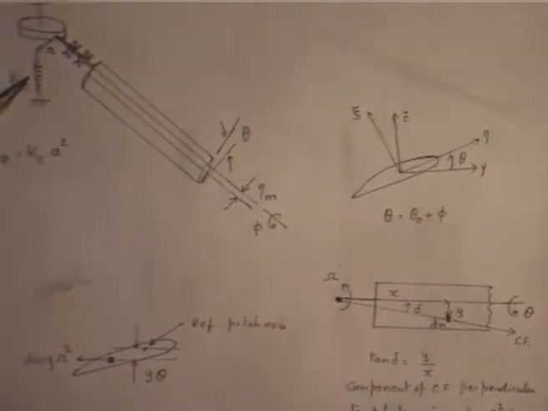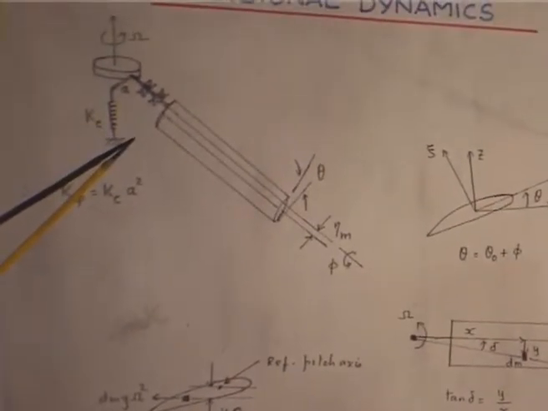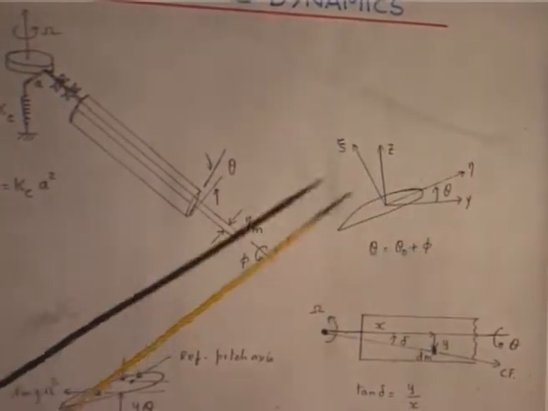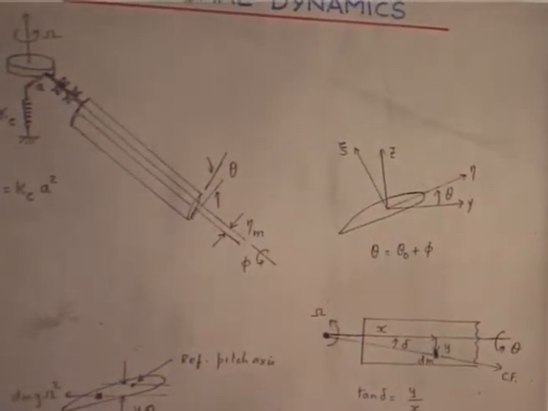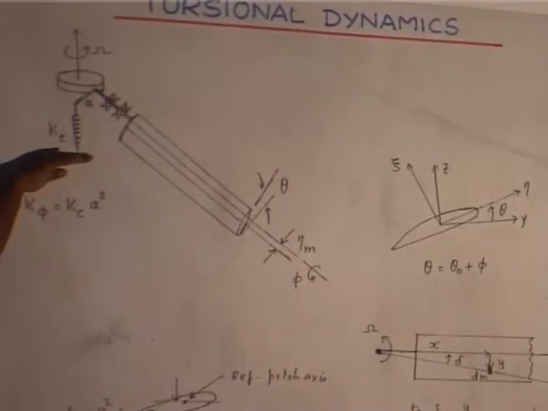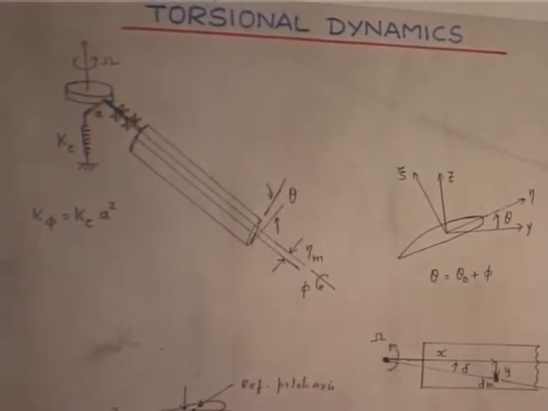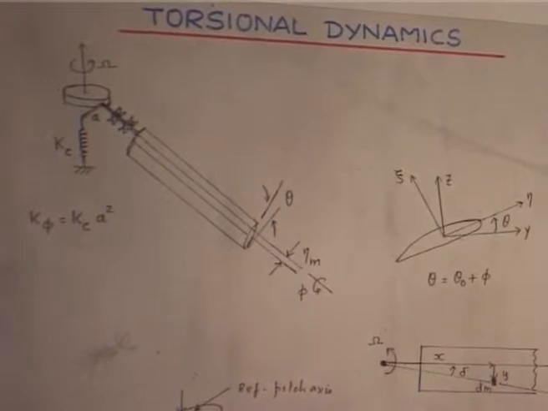Elastic twist is because of the deformation of the spring, so I have added a phi. Theta naught is what was originally set, and it depends on where that position is. And then there is a torsional spring.